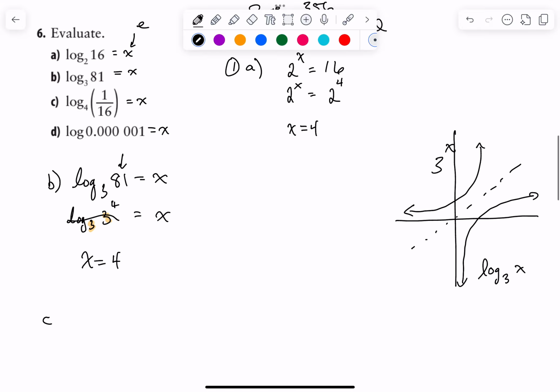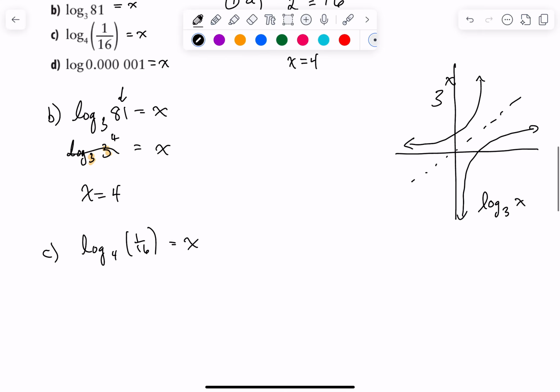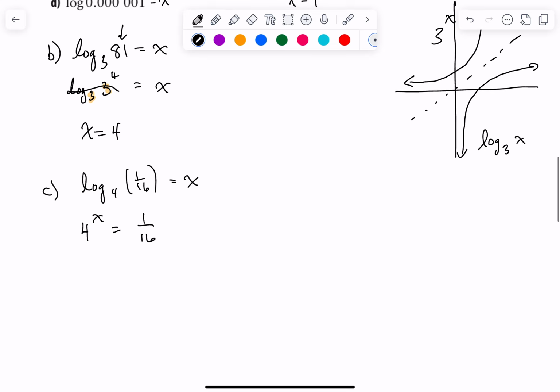Now, C is starting to get a little more interesting because we've got a fraction going on there. Maybe I'll flip-flop and express this one as exponential. I'm going to say 4 to the x is equal to 1 over 16, and I can make that 16 to the negative 1.